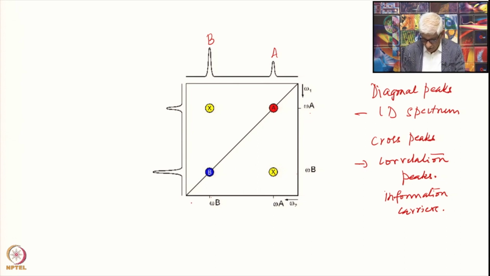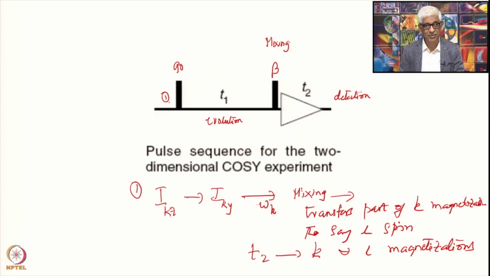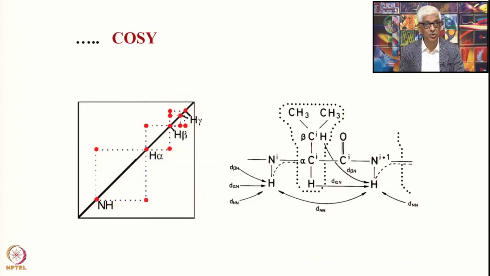Therefore I will have both frequencies present, and when I do Fourier transformation I will have the diagonal peak and the cross peak. What remained on the A spin remains as diagonal, and what got transferred to the B spin appears as the B magnetization, and that appears as the cross peak. So that is the philosophy of this experiment, and let us see how this is useful.